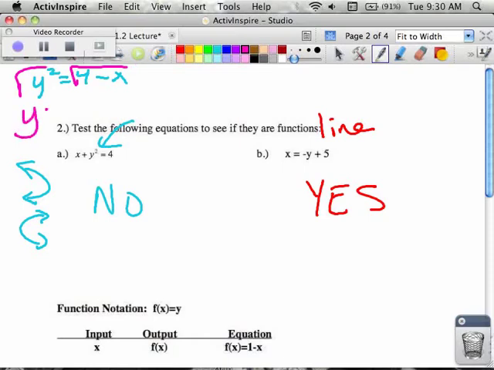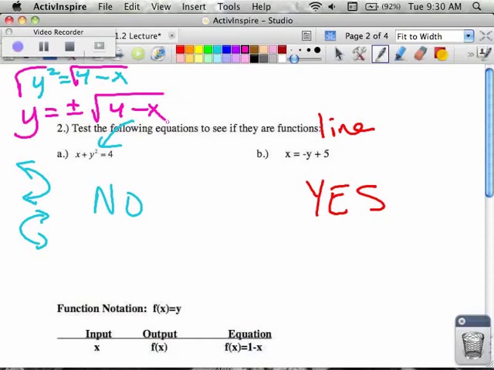So I would really have y equals plus or minus the square root of 4 minus x. And what this is saying is that there are actually two equations. There's a y equals the square root of 4 minus x, and there's a y equals the opposite of the square root of 4 minus x. What that means is that there are two y values, a plus and a minus, and that's how we know it's not a function.